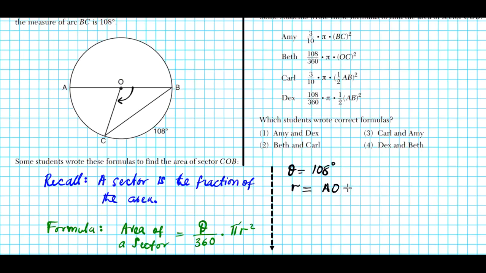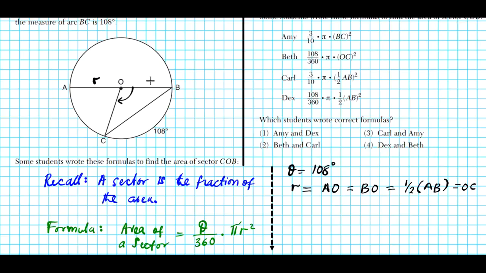You can call the radius AO or BO, or you can call it 1/2 of AB. That's the same thing, or you could call it OC. All these represent the radius. As long as you're going from the center to the circumference of a circle, that's the radius.